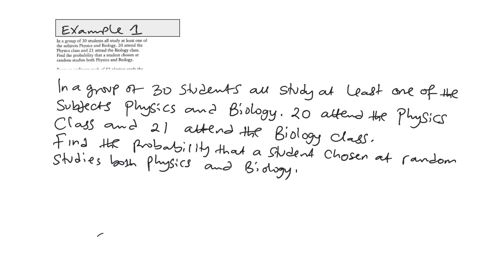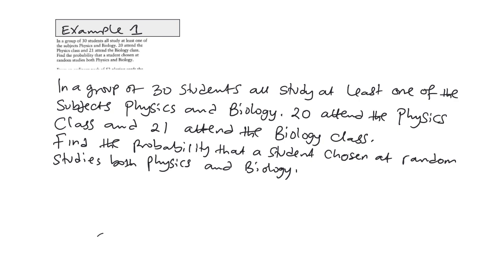All right, let's look at this problem. It was a printed kind of question, but some people have problems with their eyes, so I've decided to rewrite it. It says in a group of 30 students, all study at least one of the subjects, physics and biology.